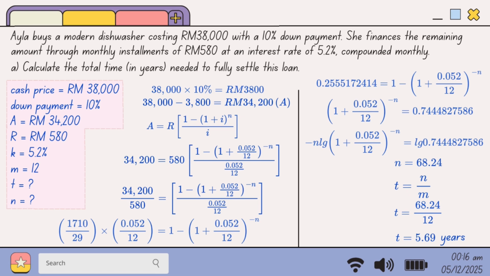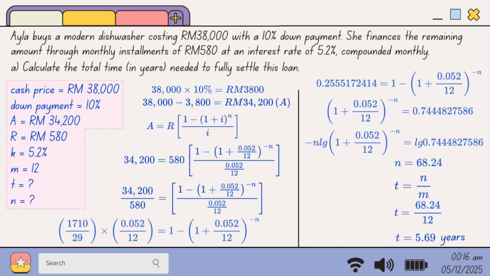As you can see, question 5A wants us to find out the T. To find out the T, we're going to use the formula of present value of annuity, which is A equals R times the quantity of 1 minus (1 plus I) to the power of negative n, all divided by I. After we substitute all the information into the formula, we see that we need to find n.